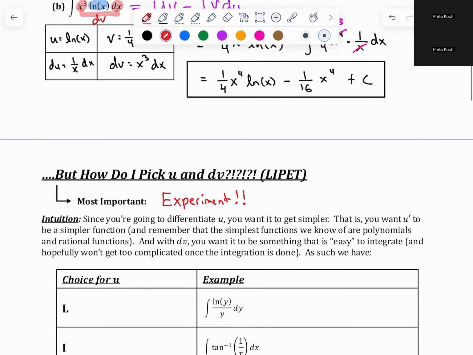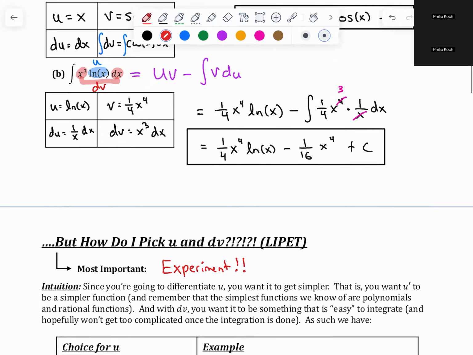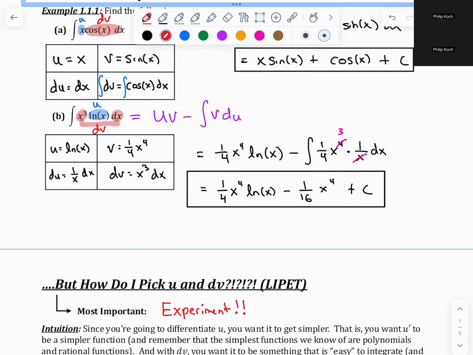But the intuition is what I want to talk about. When we start these out, we always choose a u and a dv. We know that we're going to have to differentiate u, so we want it to get simpler. That's why we chose u equal to natural log of x in the previous one, because we went from a logarithmic function, which is arguably a difficult function to work with, to a power of x, x to the -1.